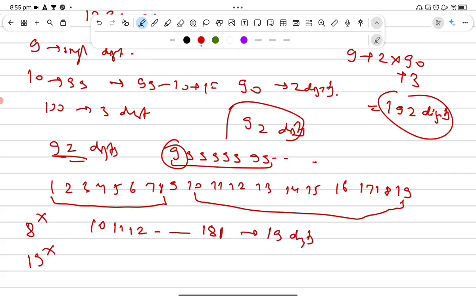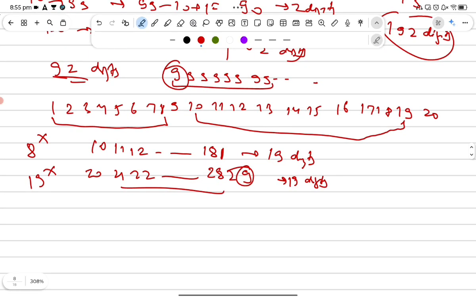This got deleted. Once again, the next chain here will have 20. So from 20, 21, 22 to 28, we'll leave the 9, we will not delete the 9. So once again, 19 digits will be deleted. Now the next chain is 30, 31, 32, up to 38.